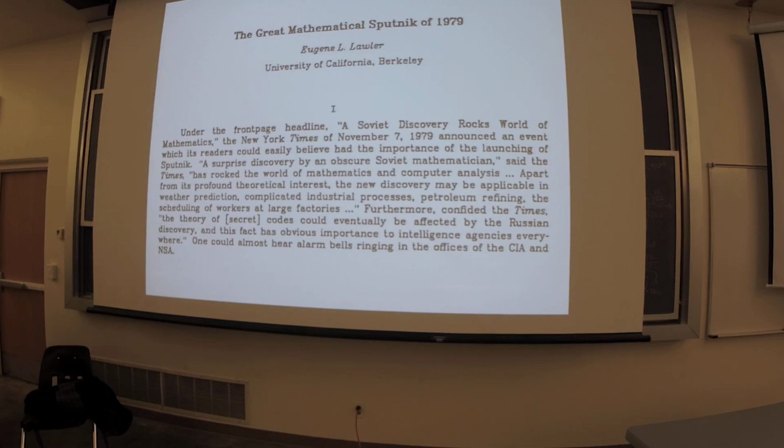This is an article by one of the famous optimization folks, and he refers to this in the New York Times front page headline. So it made it to the headline. It's probably the only time some algorithm made it to the front page of the New York Times.